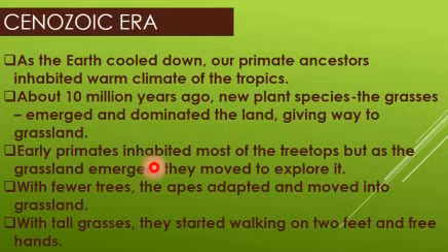Now, about 10 million years ago, new plant species o yung tinatawag nga ng mga grasses na yan. So yung grasses emerged and dominated the land, giving way to grassland. So yun nga, during this era rin, nagkaroon na rin ng grassland, no? Na syempre nagsusustain ng life ng iba pang mga organism.